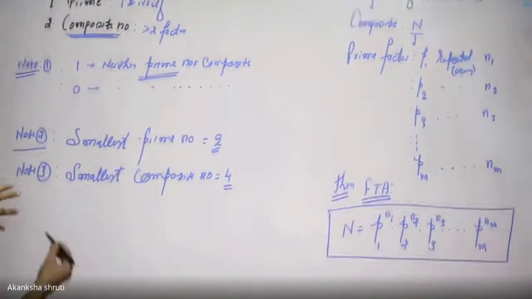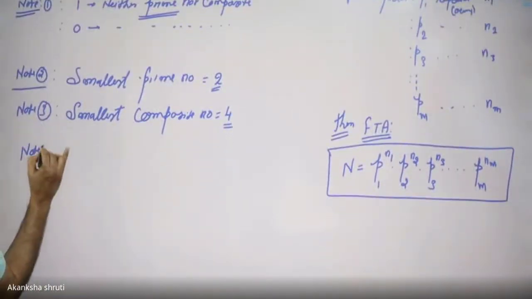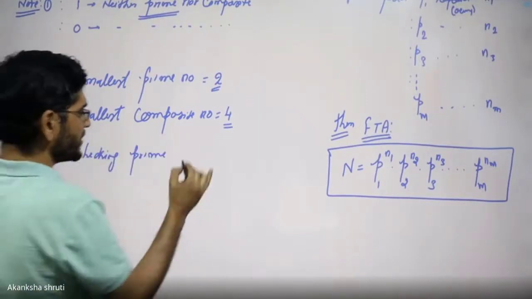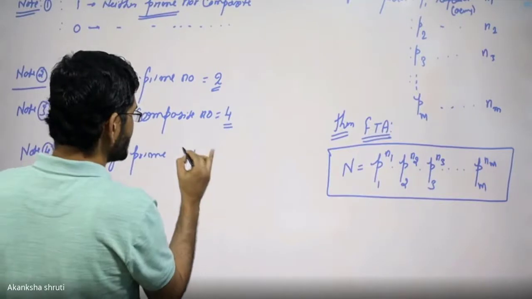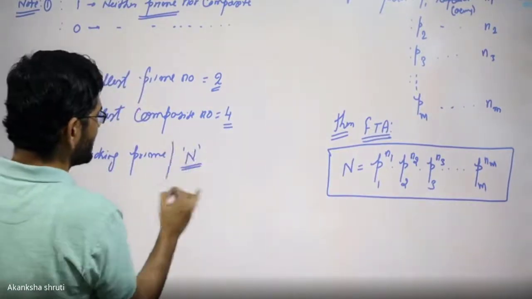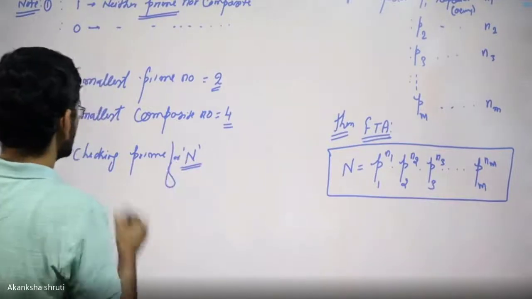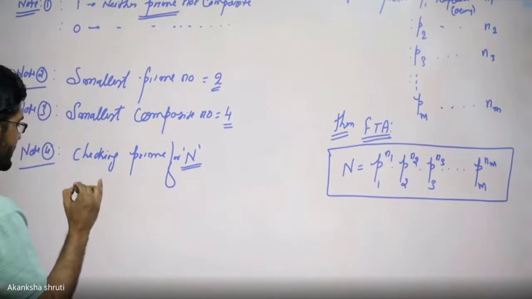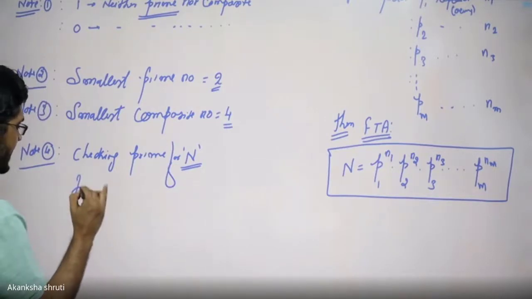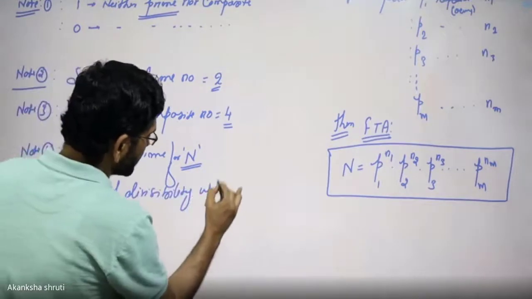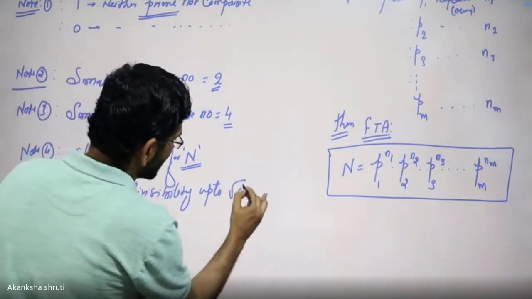Students, for checking prime, if we have to check whether n is a prime number or not, we shall check divisibility up to the square root of n only. What does it mean?